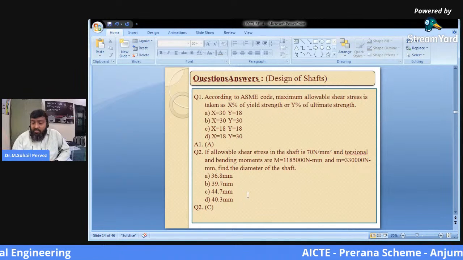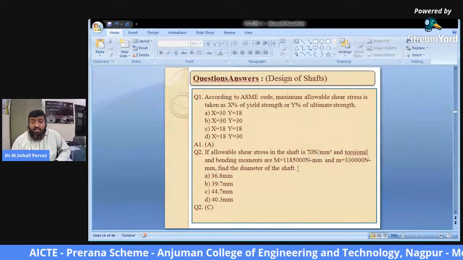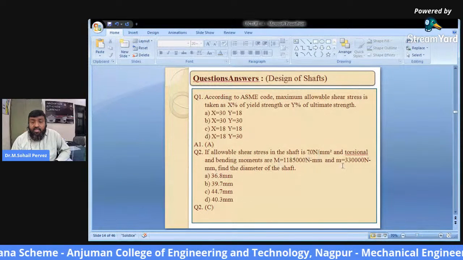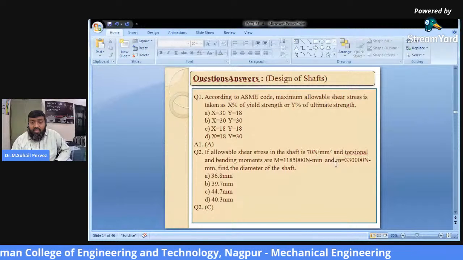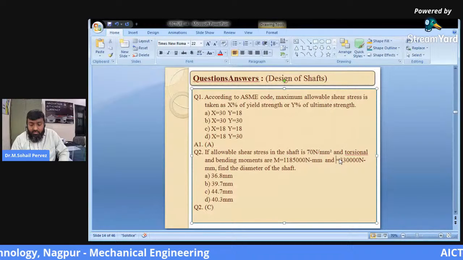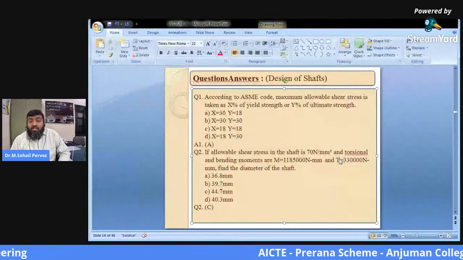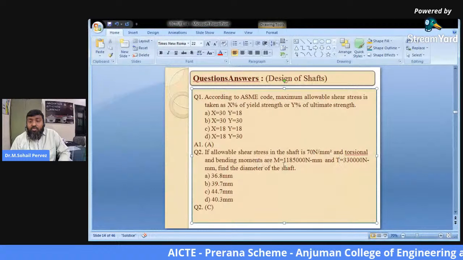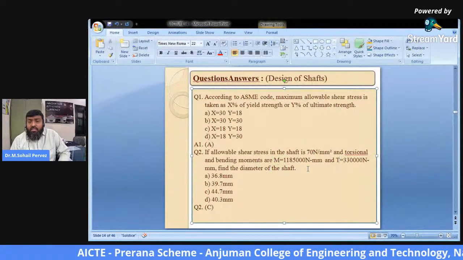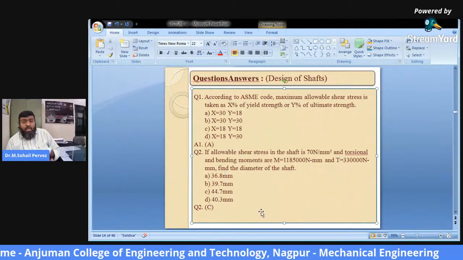You just scroll the PPT and you'll get the answer, wherein we can directly say M is there, T is there, capital T. This is torsion and bending moment. Either way you can go for this. So the answer is C. So please solve.